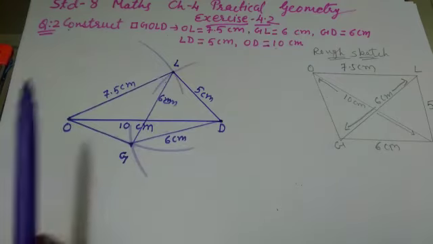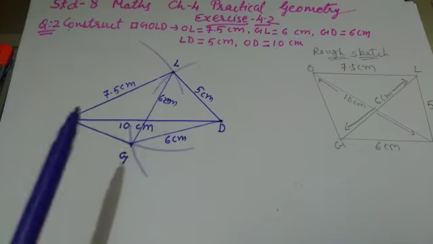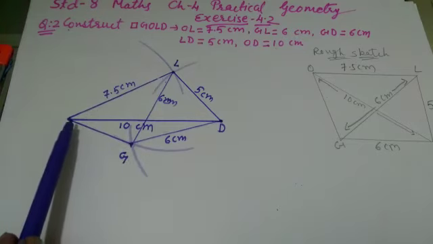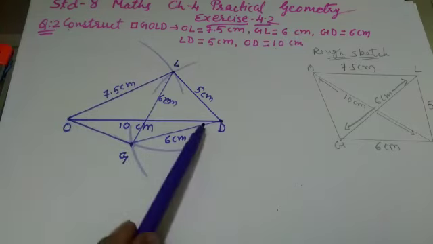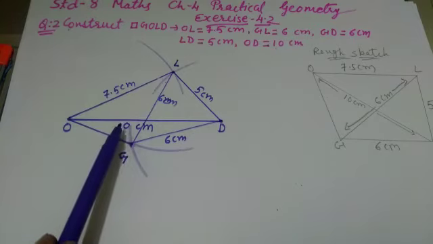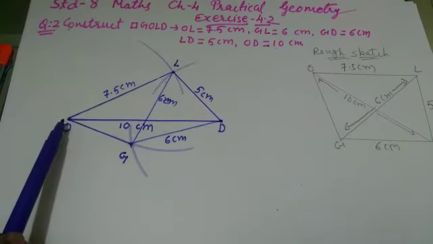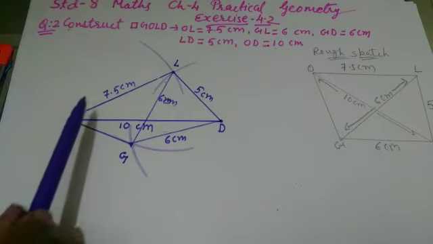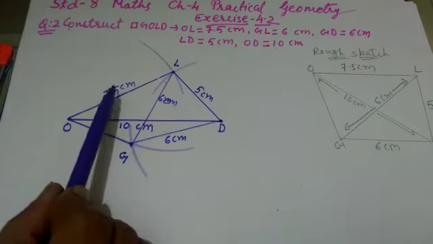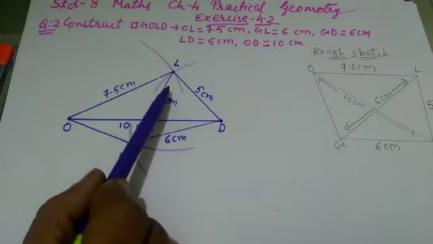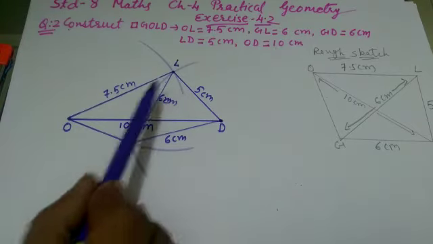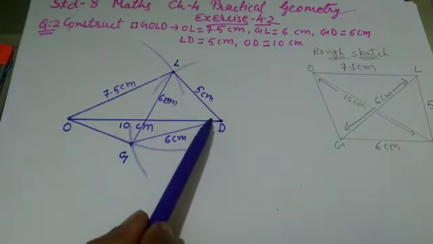I repeat all the steps once again. Step 1, draw line segment OD 10 centimeter. Step 2, taking O as a center with radius 7.5 centimeter, draw an arc upward of line segment OD.